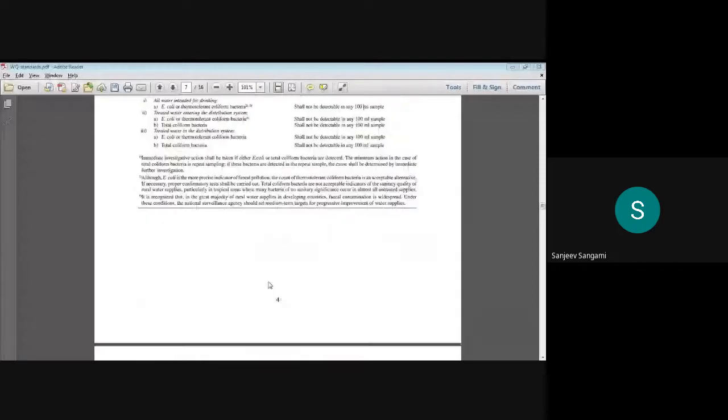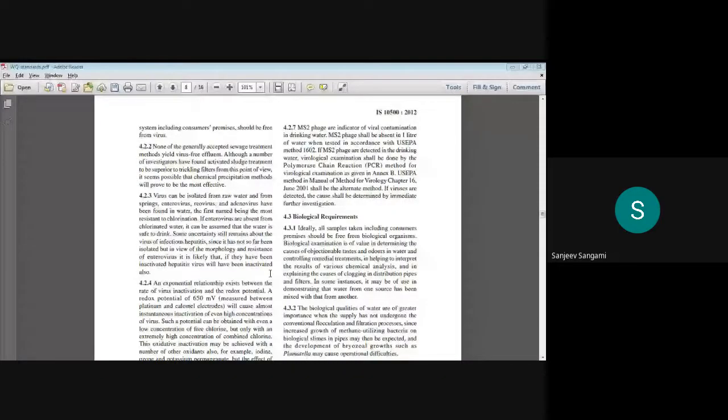Okay, so this is overall about the IS code, and how they have listed all these water quality parameters: physical characteristics, chemical characteristics, and biological characteristics.